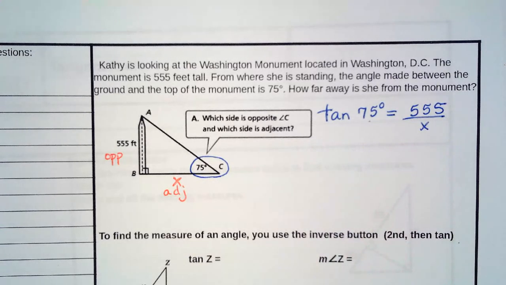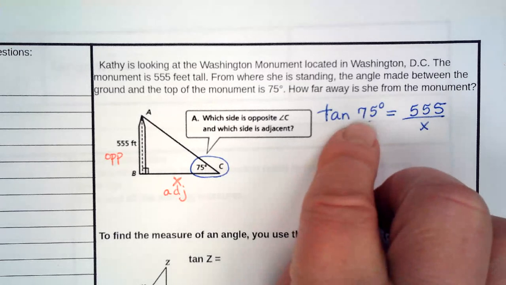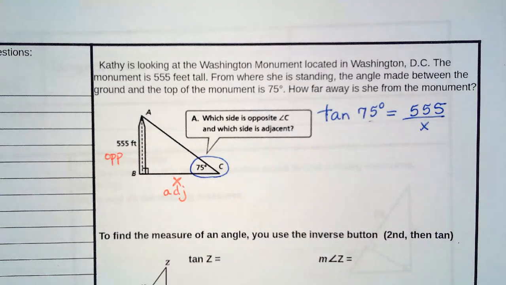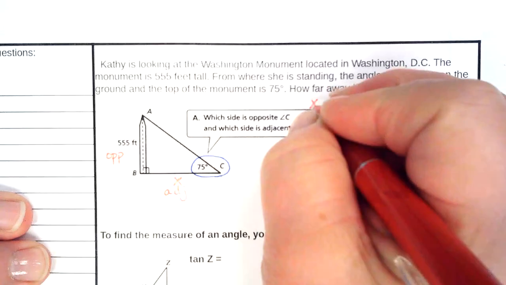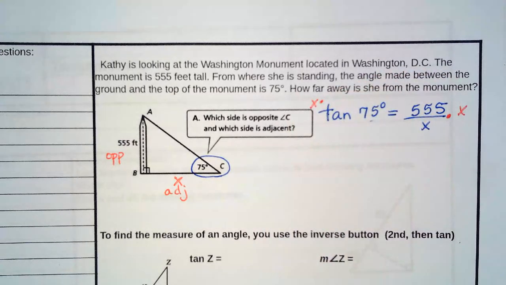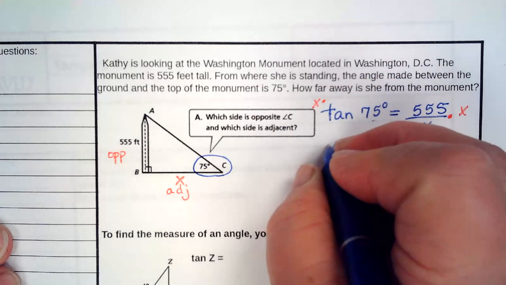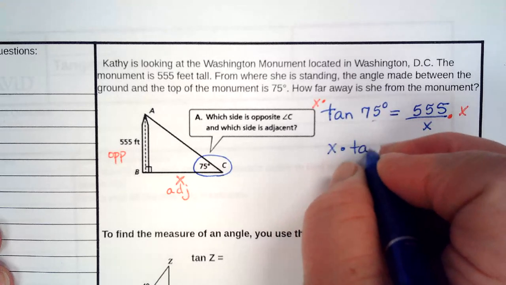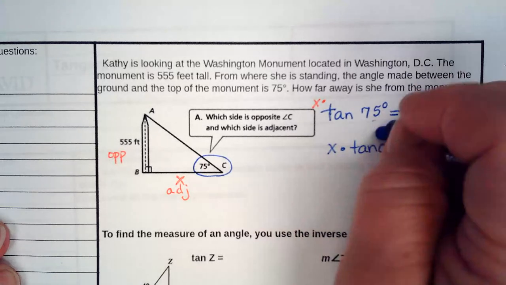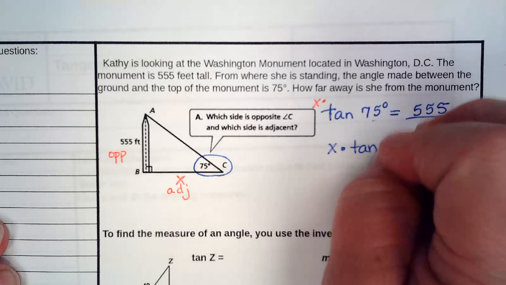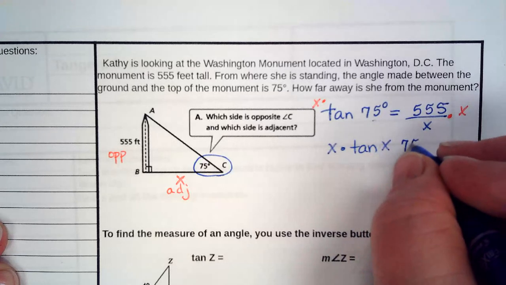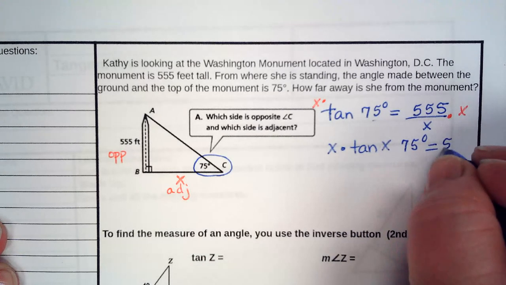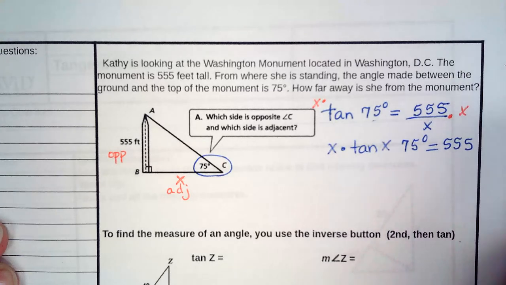Okay, now let's solve. Remember, this is a number. So the first thing I'm going to do is to multiply both sides by X. X times the tangent of 75 degrees is equal to 555 feet.